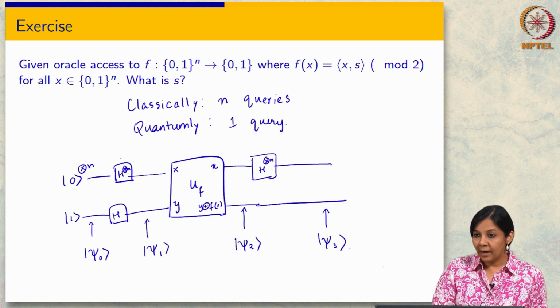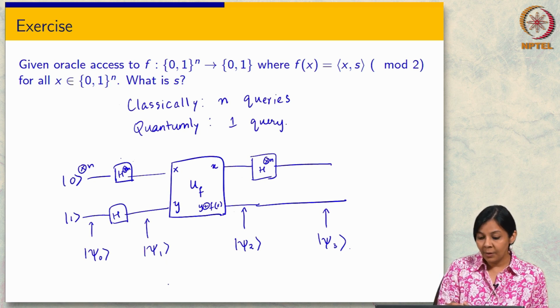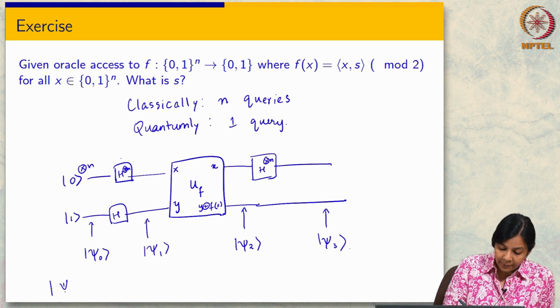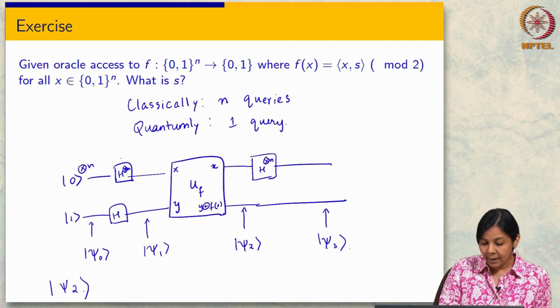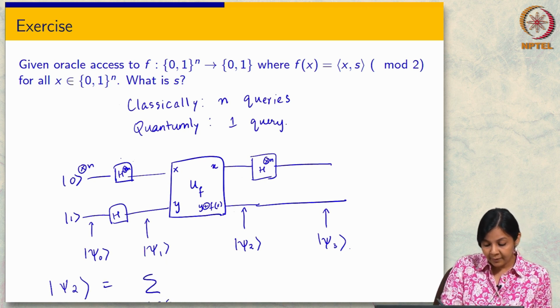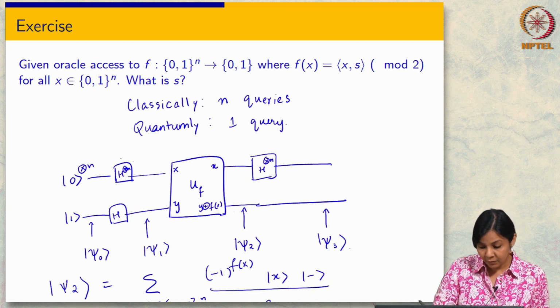Everyone remembers this was our algorithm. Okay, so in particular here we had the phase kickback happening, right, because at the bottom the y is going to be a minus. So we are going to end up with f of x encoded in the exponent of minus 1. Okay, so in particular let me skip a couple of steps and remind you what is psi 2. So this is the sum over x, minus 1 to the f of x, x, minus, over 2 to the n over 2.